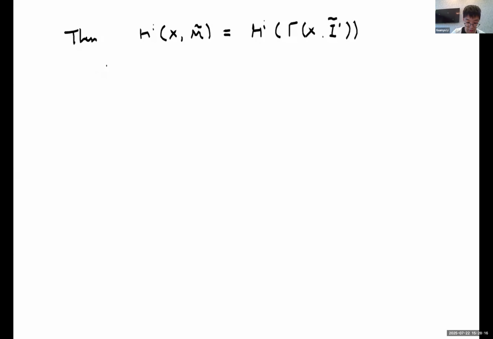All right. So by computation, it is 0 for i greater than 0, for higher cohomology.